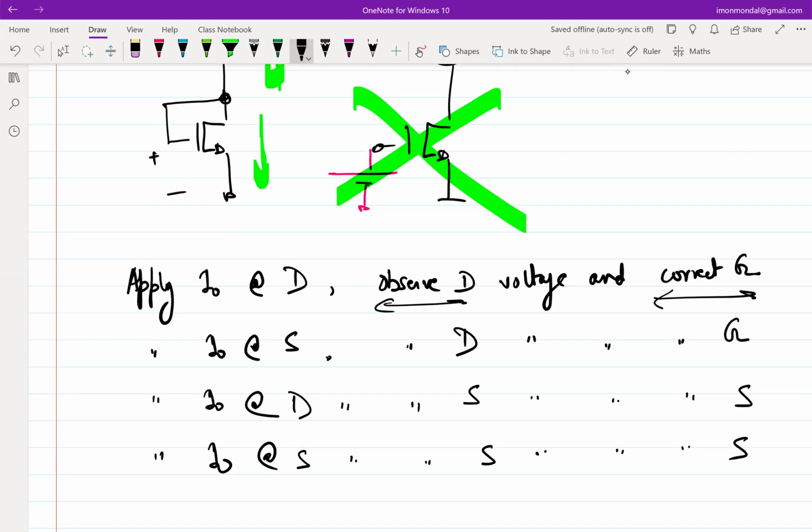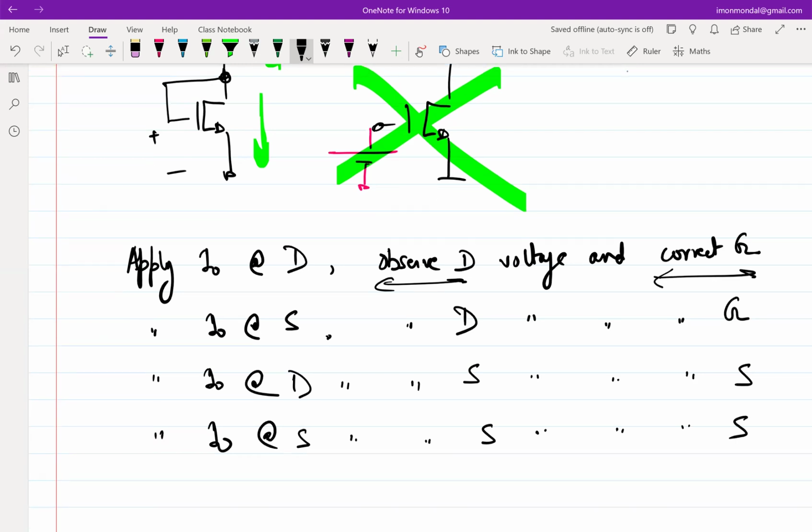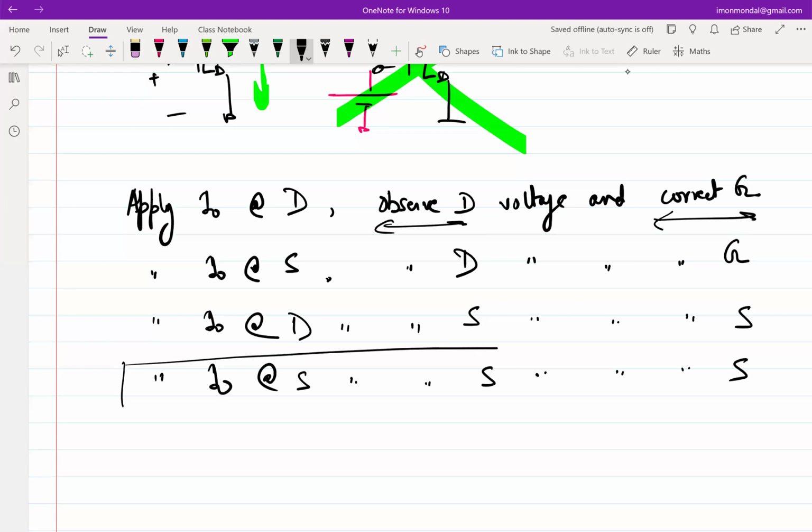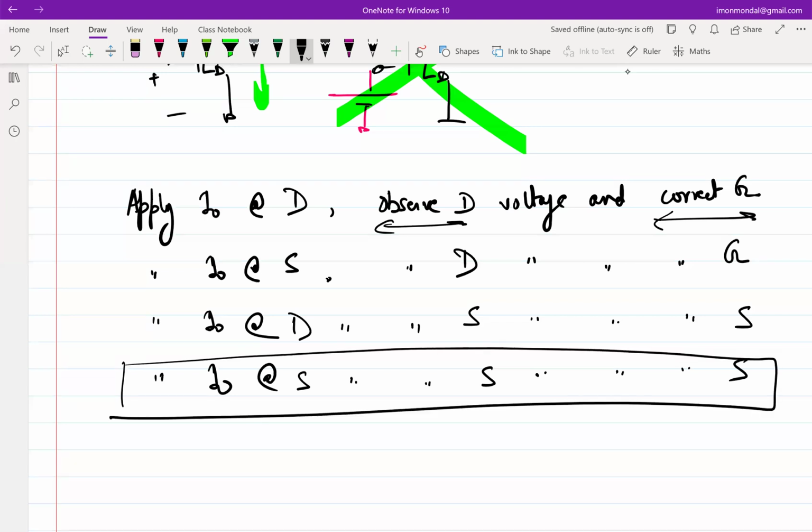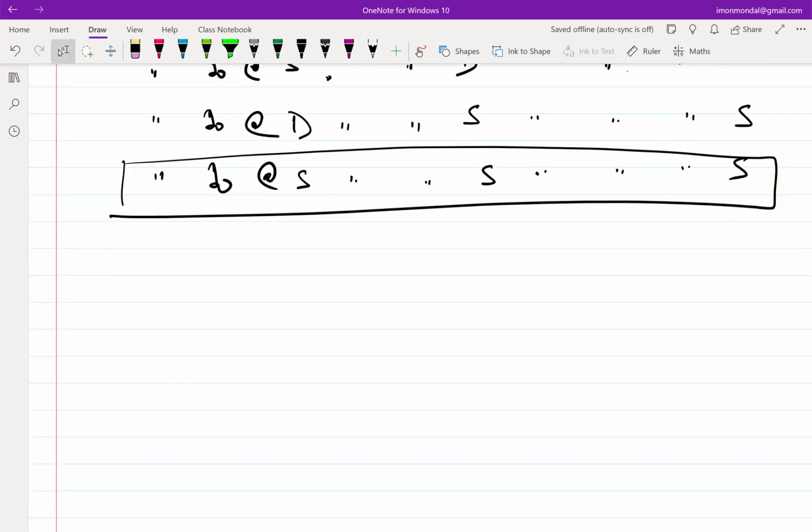So we have done the top one. Let me try to see if we can address this one. Then I'll also cover the other 2 in some ways. By the definition of it, the application of the current source has to be done at the source.